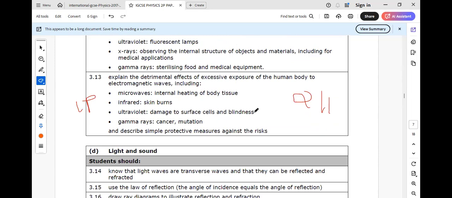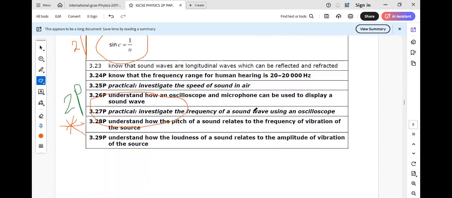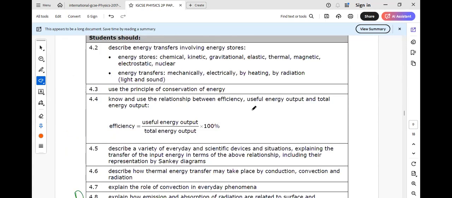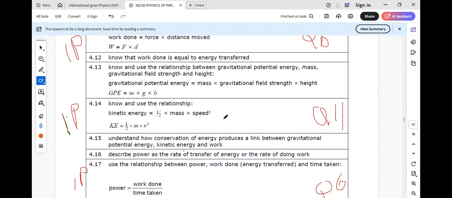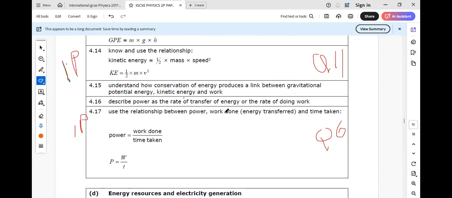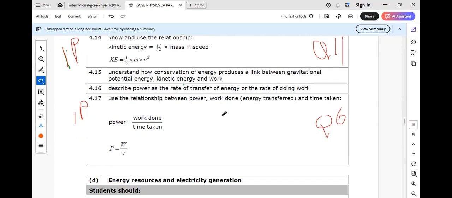Waves, electromagnetic waves were there in the question, as well as kinetic energy. So that question had a few areas together, right? But the other questions were pretty much focused mainly on one area, right? So they were not that difficult in that sense, right?